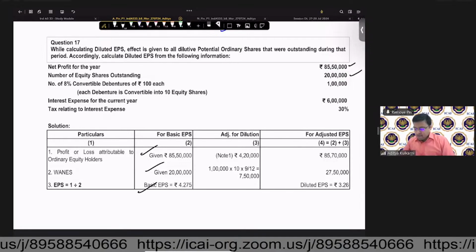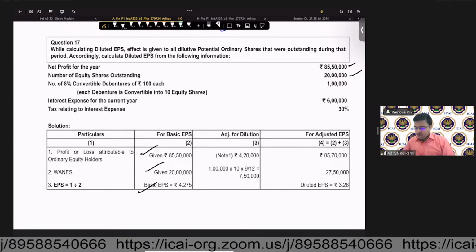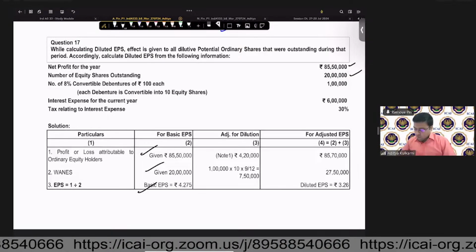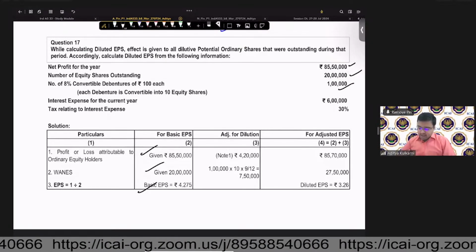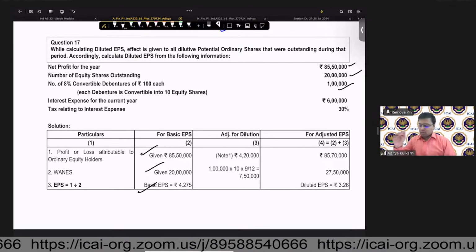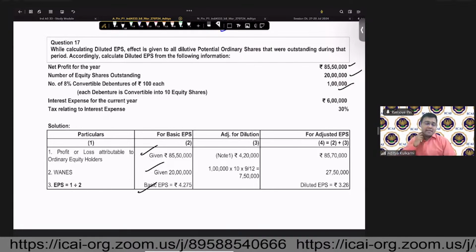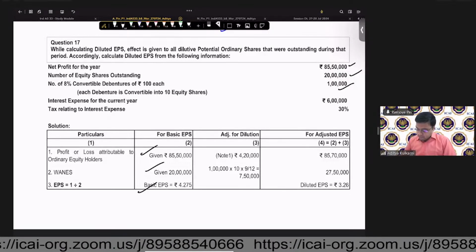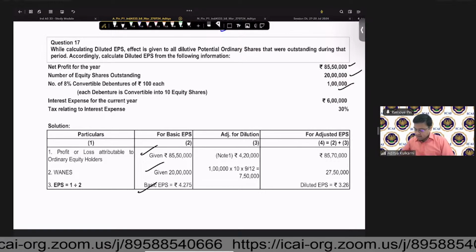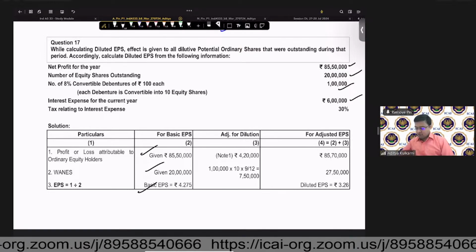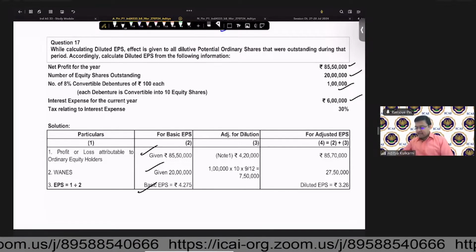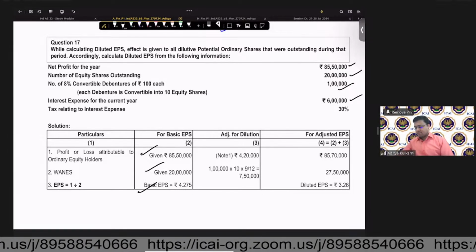Number of 8% convertible debentures of 100 each, 1 lakh. Each debenture is convertible into 10 equity shares. Interest expense for the current year is 6 lakhs. And tax related to the interest expense is 30%.